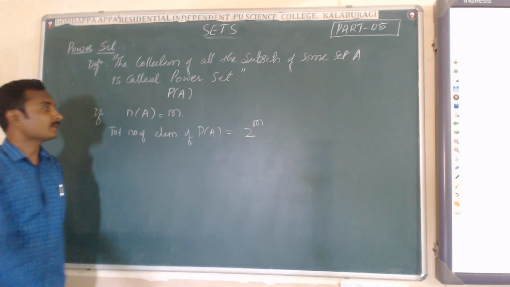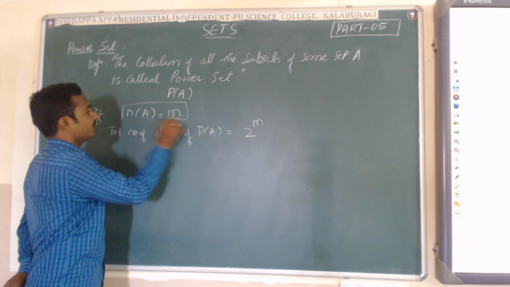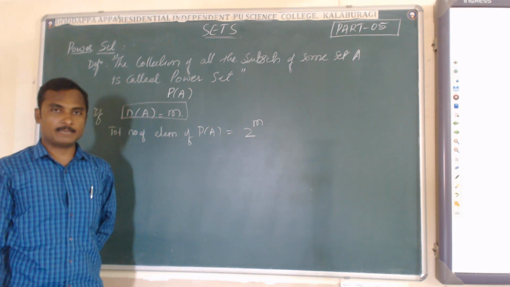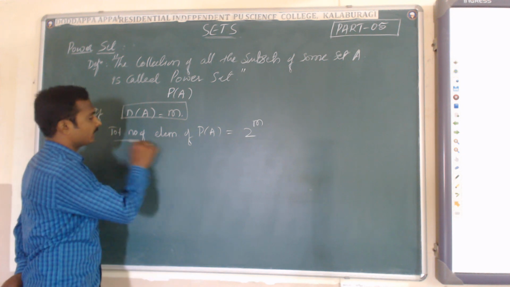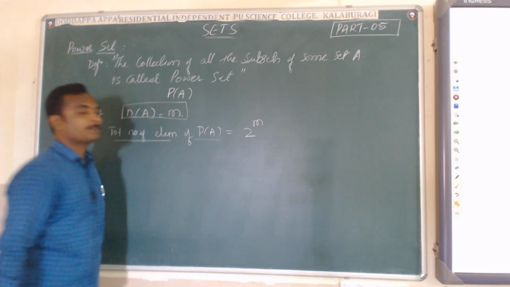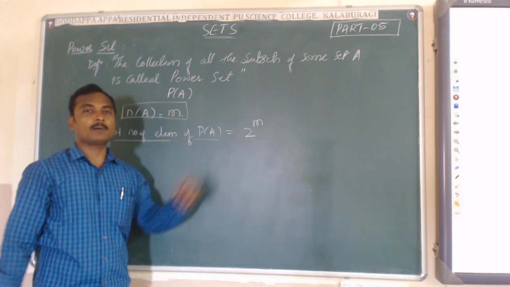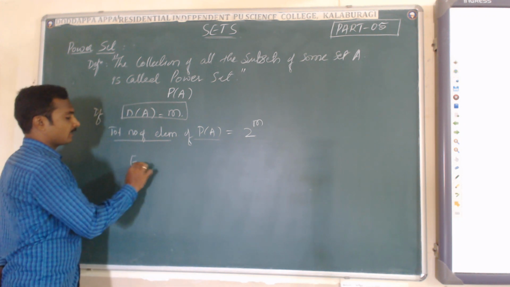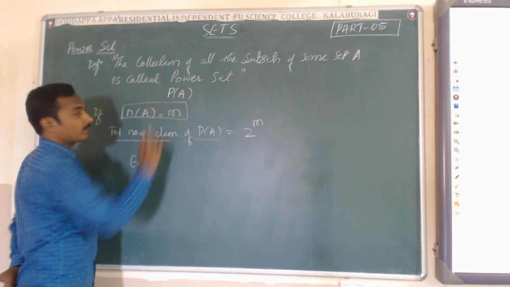That is, if a set A contains m elements, then the total number of the elements of the power set P of A is nothing but 2 to the power m. For example, I would like to give an example of the power set.